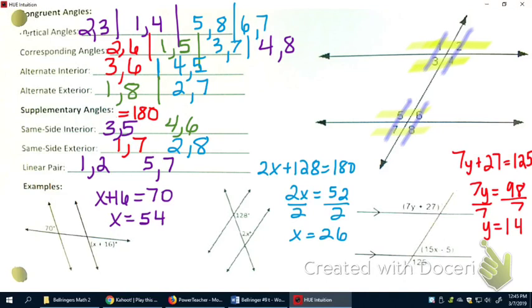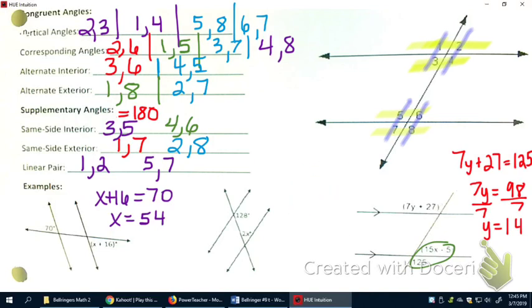That other angle is 15x. It's hard to see on this copy. 15x minus 5. Alright, so what I know about these two angles is that they make 180. So I'm going to erase the blue just so I can put it over here and you can see it since you already have that. And I'm going to do it right here.